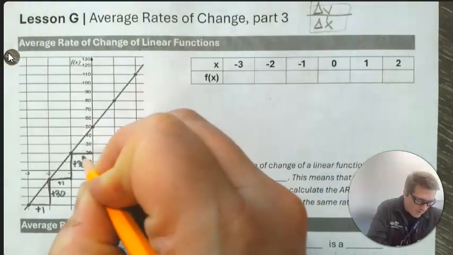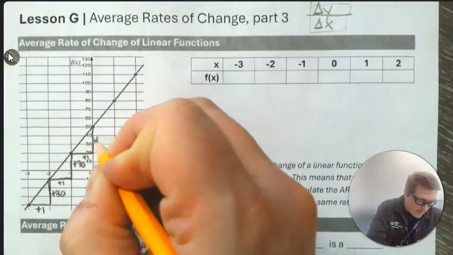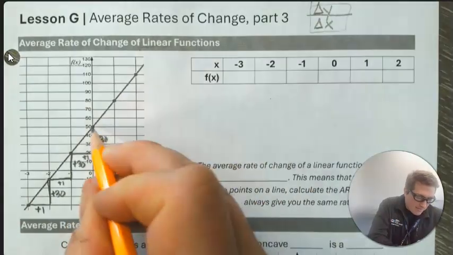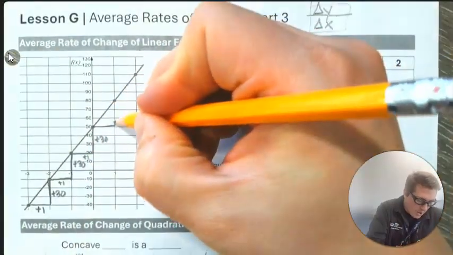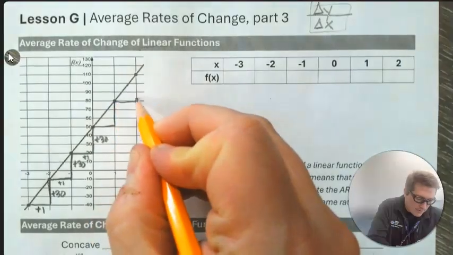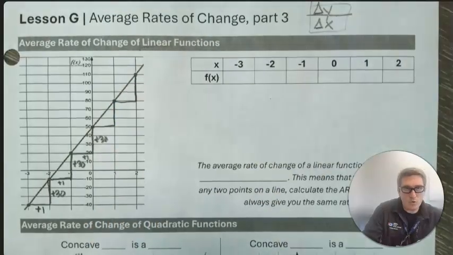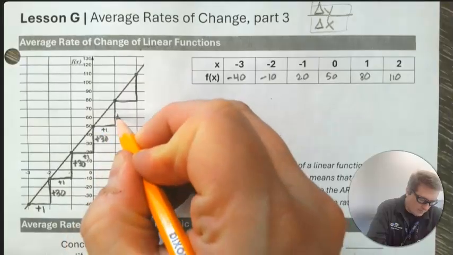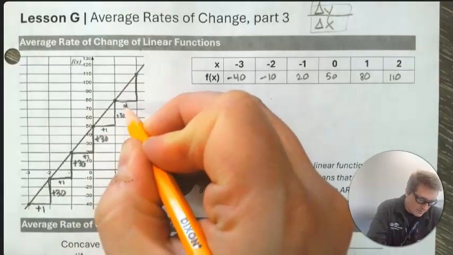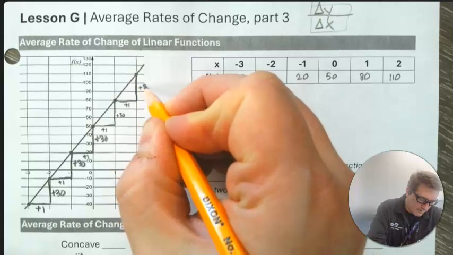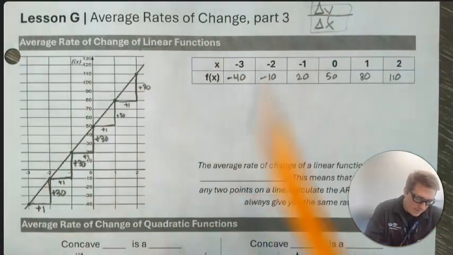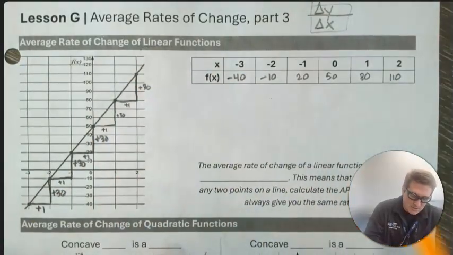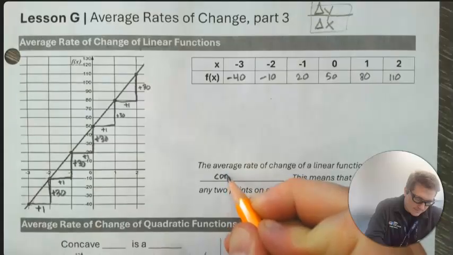No matter where I'm at on the curve or the line, if I move forward by 1, it's always going up by 30. Plus 1, plus 30. Plus 1, plus 30. So for a linear function, the average rate of change is always constant.